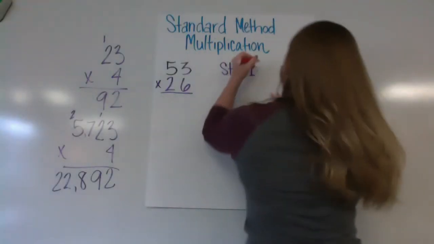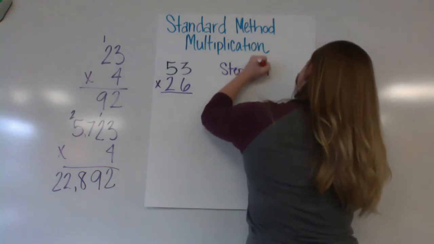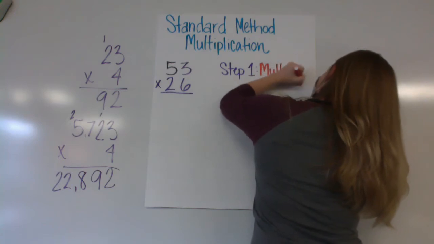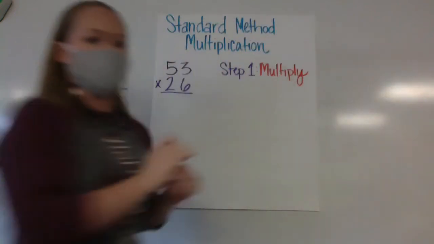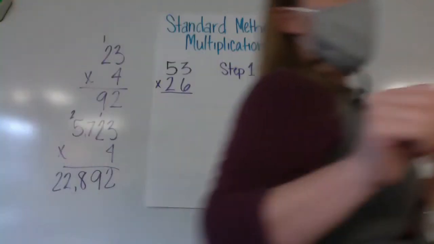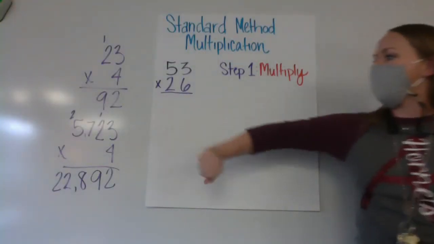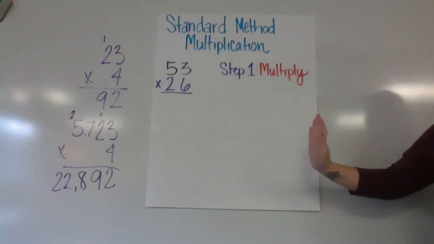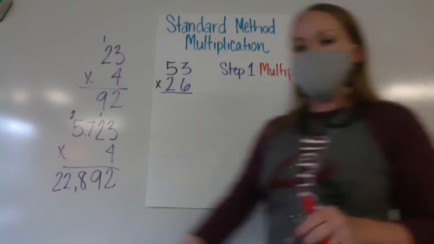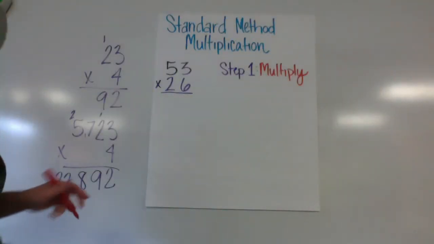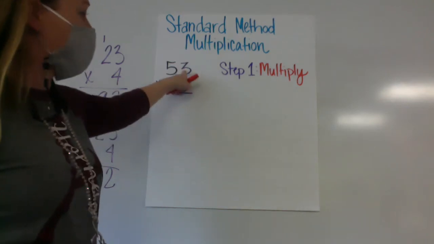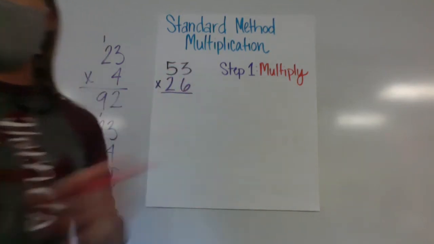And you'll see why. Just like with the 2-digit by 1-digit and the 4-digit by 1-digit, I'm going to do my ones place first. So the first numbers that I'm going to multiply is going to be my 6 and my 3. Taking the ones place and multiplying by the ones place up here, okay?